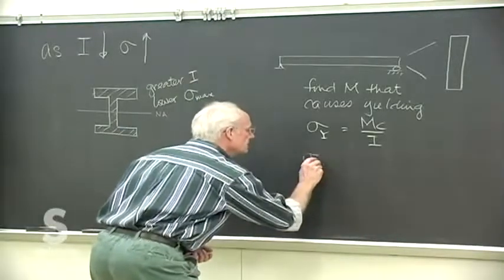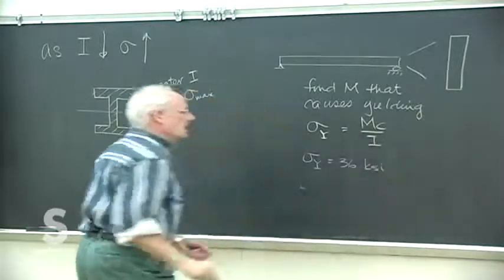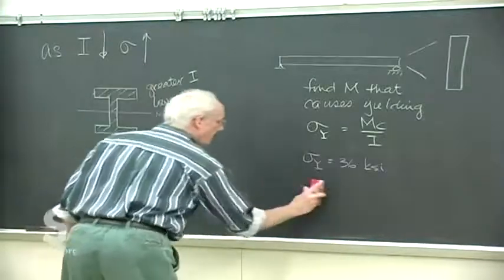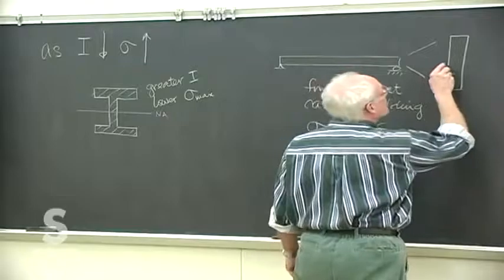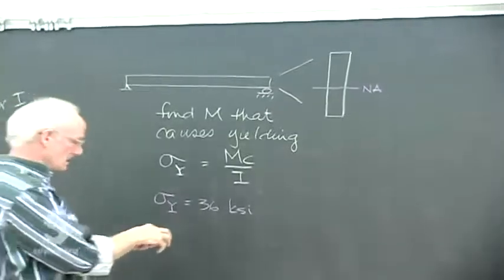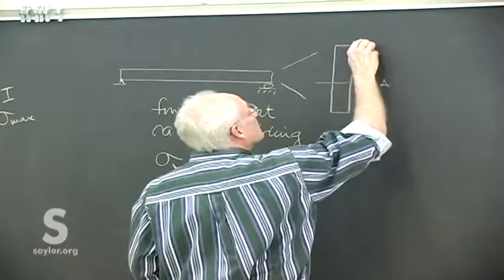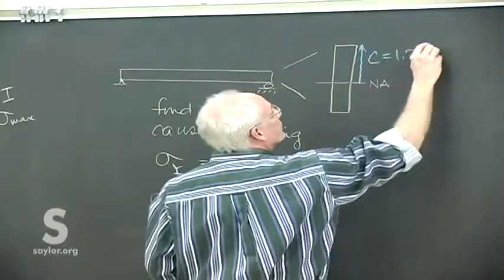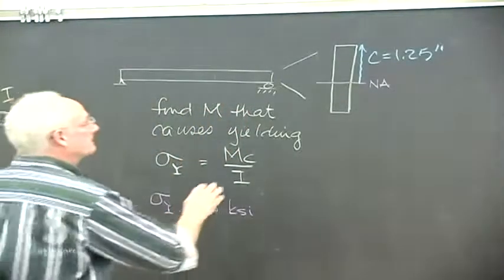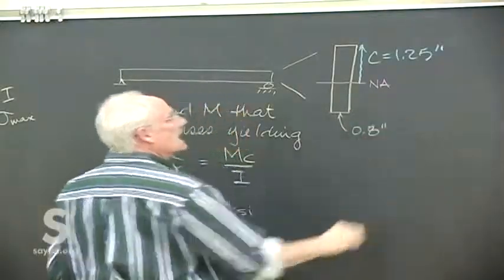So, a couple values to use just to run through the calculation. We'll assume a yield stress of 36 KSI. Because of the symmetry, we know the neutral axis goes right through the center, and we'll give it a dimension of 1.25 inches that way, and this dimension 0.8 of an inch there.